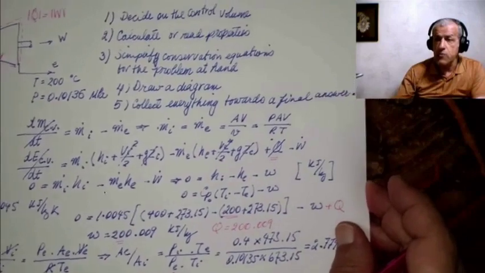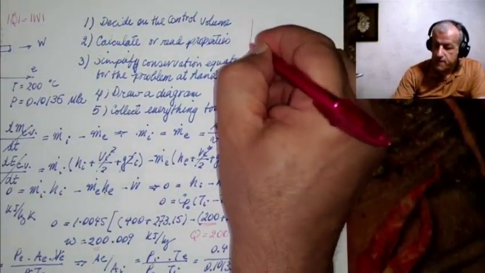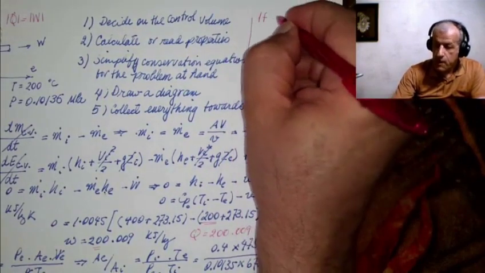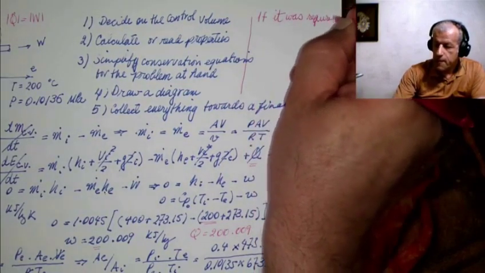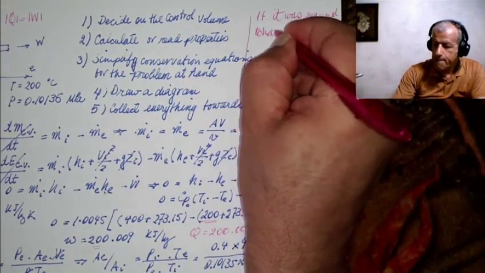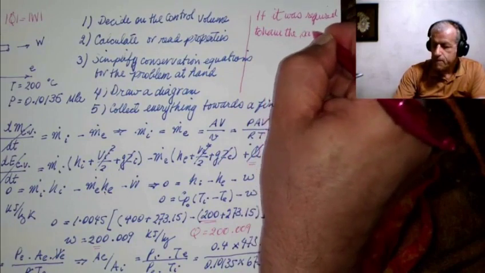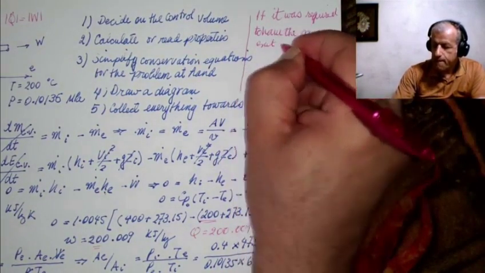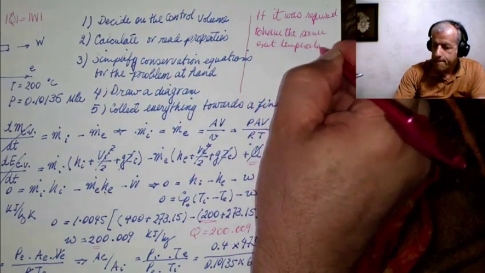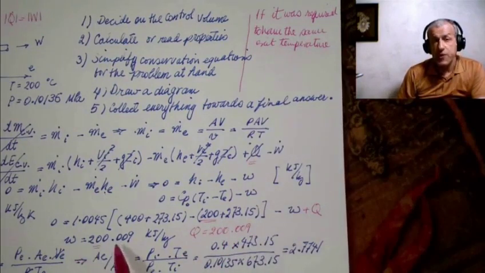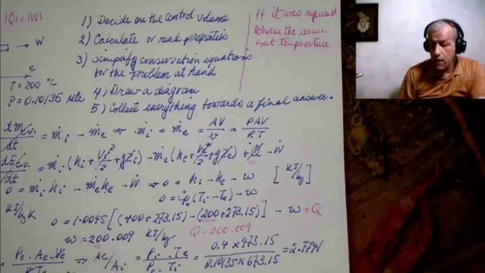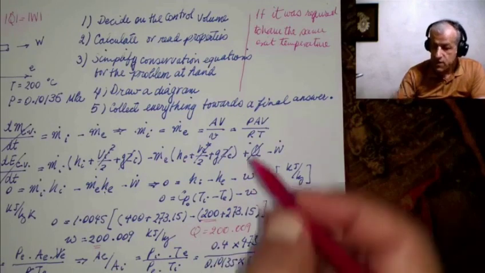So I would write this down here, that if it was required to have the same exit temperature, then this 200 kilojoules per kilogram that was the work obtained would be halved, and half of it would be work, and half of it would be heat transfer.